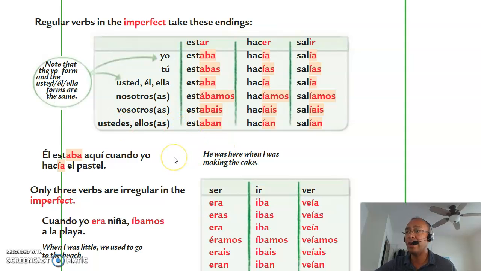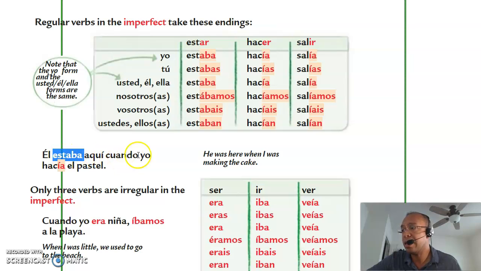He was here when I was making the cake. When was that? Well, sometime in the past, right? So, él is he. Estaba, which is just was here. But why did we use estaba? Because we didn't know exactly when, right? Estaba aquí, here.